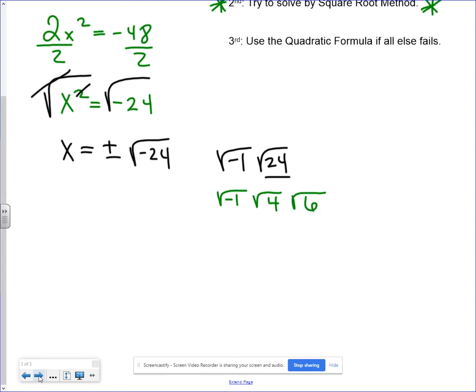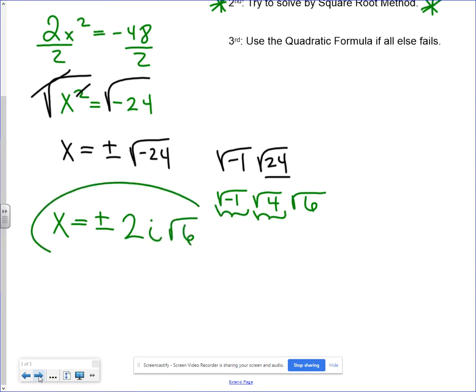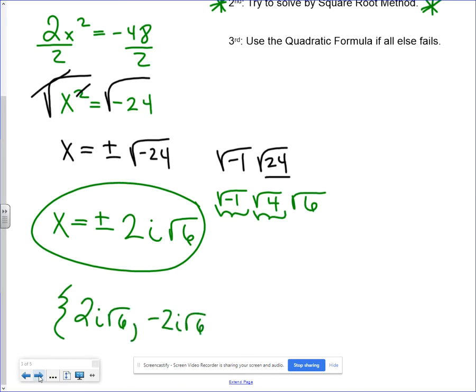So my solution would be x equals plus or minus, let's do the square root of 4 first, which is 2. The square root of -1 is i, and then I've got my square root of 6. Again, this is just shorthand notation. This is really 2i radical 6 and -2i radical 6 are your roots.